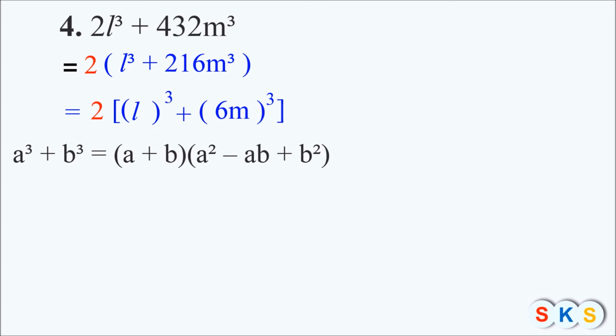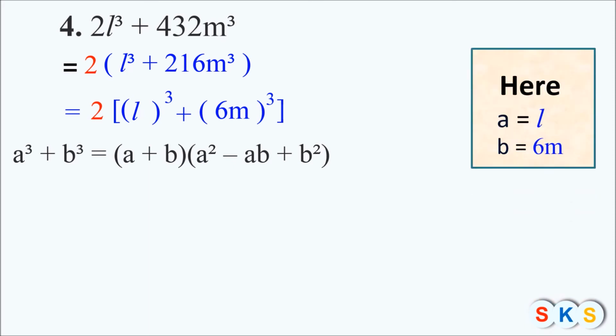I have noted the same information in the box: a is l and b is 6m. Now we will substitute the values of a and b in this formula.